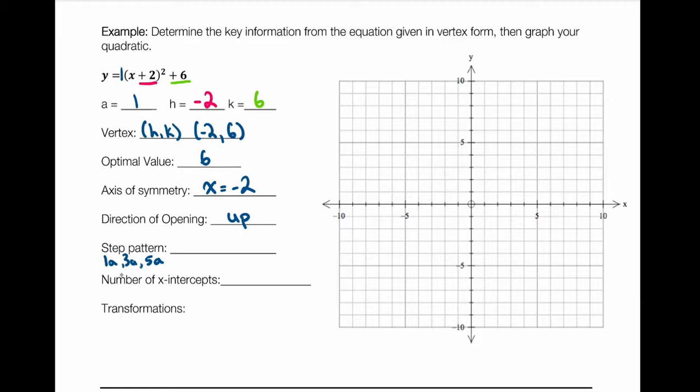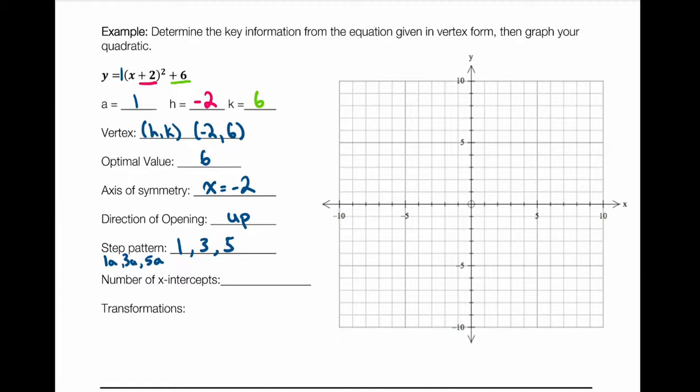In this case, we do 1 times the a value, then 3 times the a value, and then 5 times the a value. Our a value is 1, so 1 times 1 is 1. The next step, 3 times 1 is 3. And then the last step, 5 times 1 is 5.